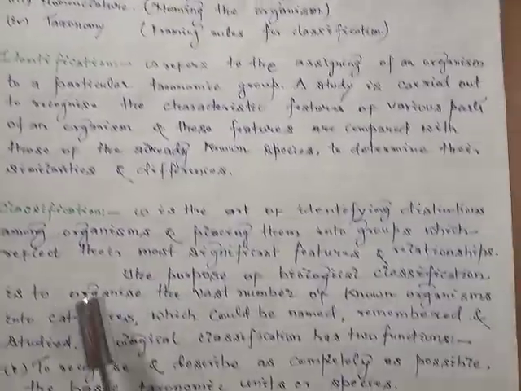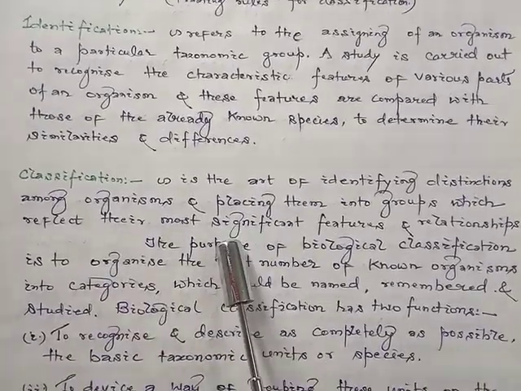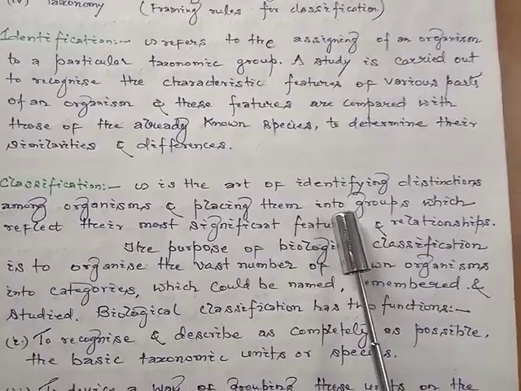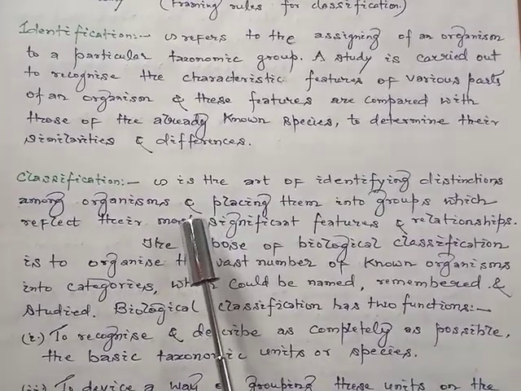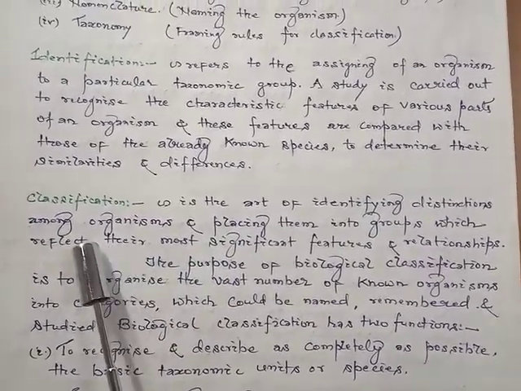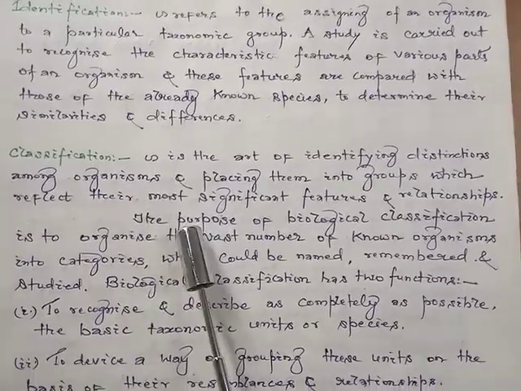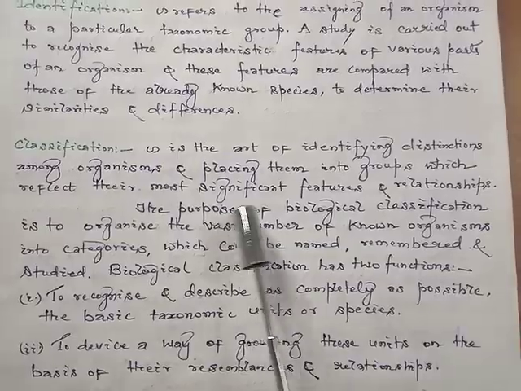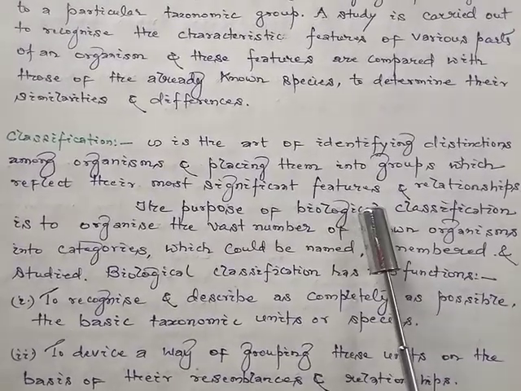The second one is classification. Classification is the art of identifying distinctions among organisms and placing them into groups which reflect their most significant features and relationships.